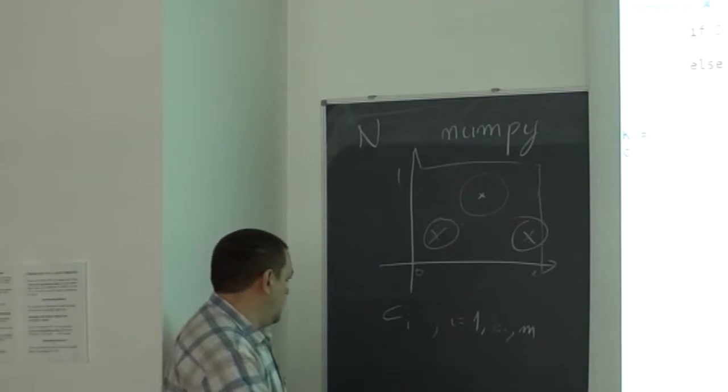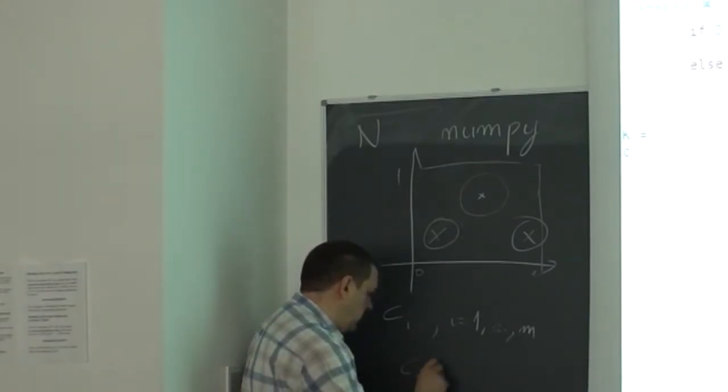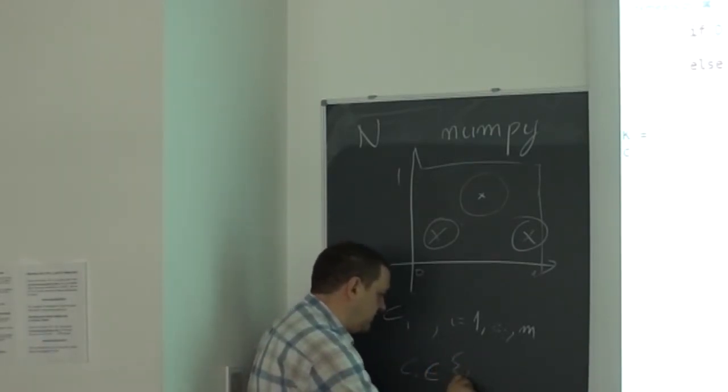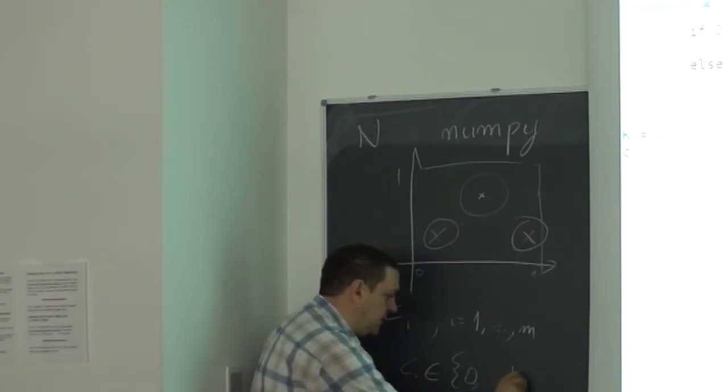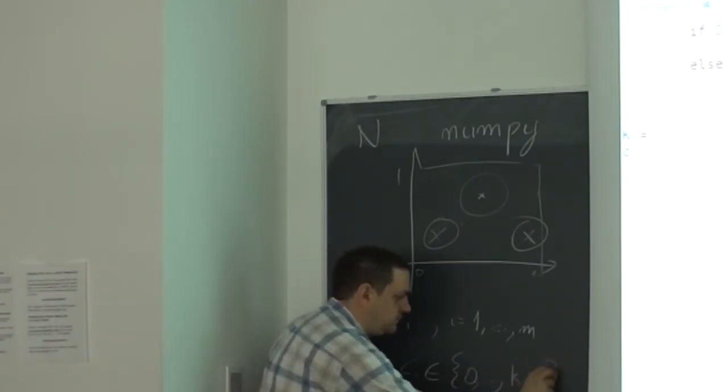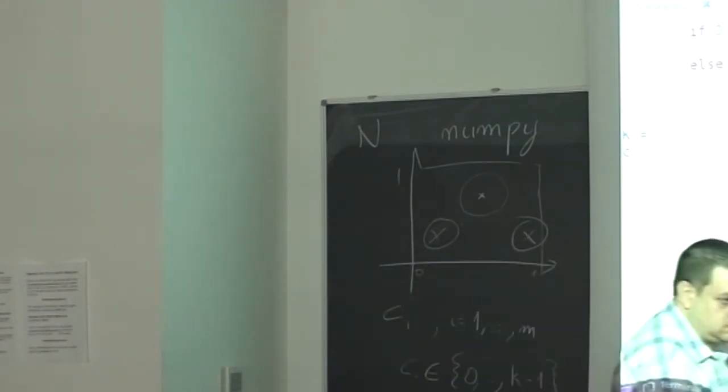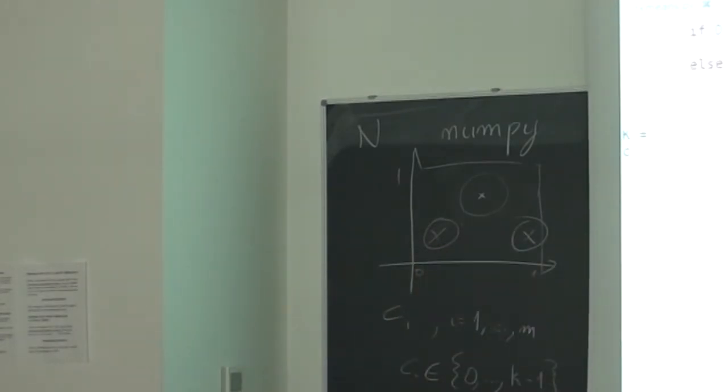So actually, Ci will be a number from 0 to k minus 1. So we just create a vector C using, I don't remember which function, but you can find it easily.